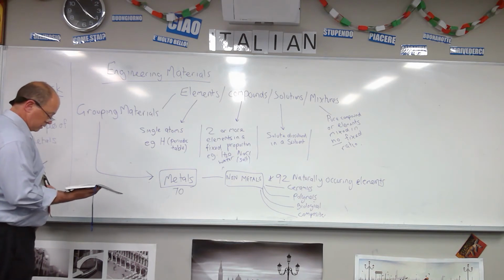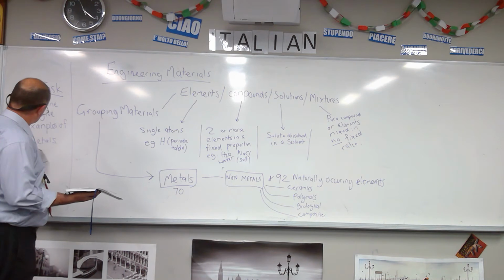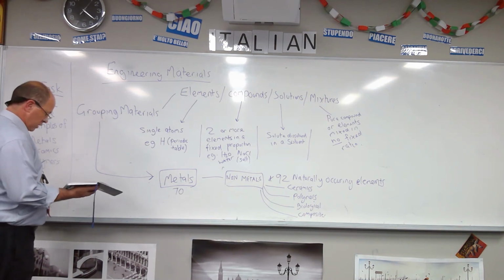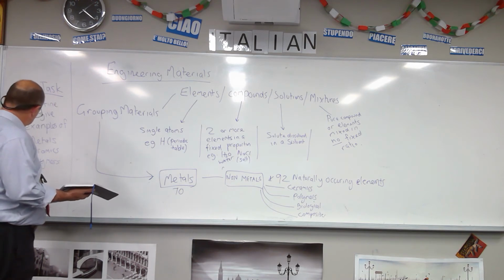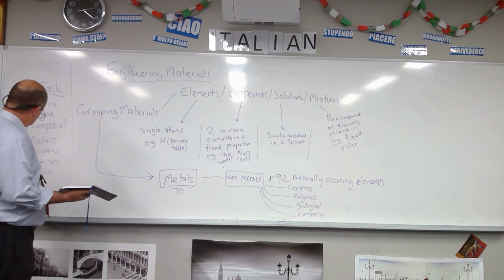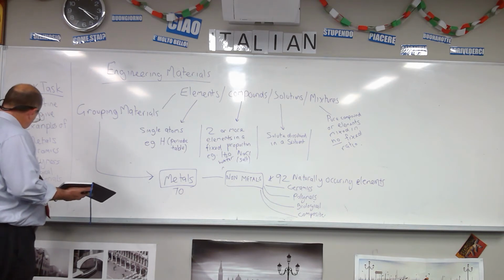So what are metals? Give some examples. Ceramics. What are ceramics? Give some examples. Polymers. Those are plastics. Give some examples. Biological materials, and composite materials.